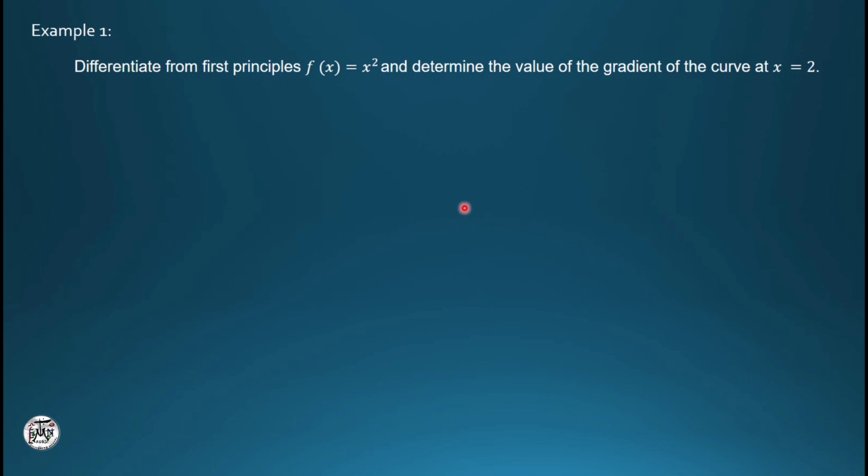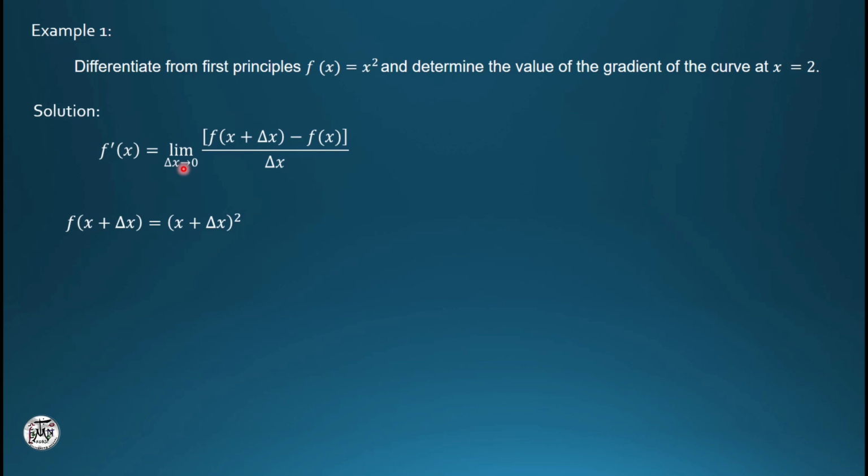For example, differentiate from first principles f of x equals x squared and determine the value of the gradient of the curve at x equals 2. Solution: we use the functional notation formula. The first derivative of f of x is equal to the limit of f of x plus delta x minus f of x over delta x, where delta x approaches 0.